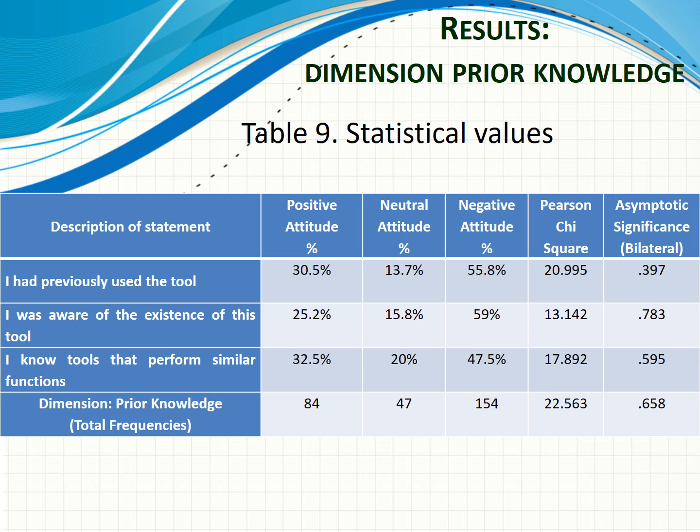Finally, for the statement I know tools that perform similar functions, the results show that 32.5% say they did know other similar tools. Meanwhile, 20% were undecided, while 47.5% say they did not know other tools with similar functions.